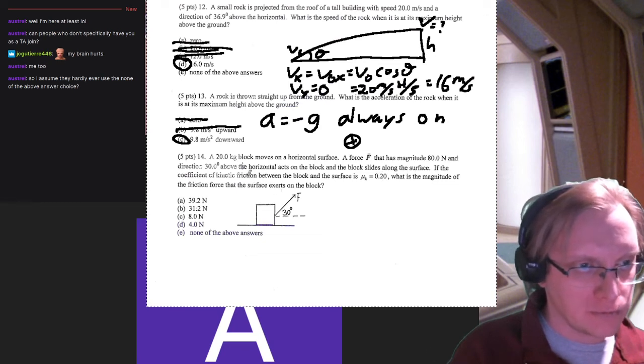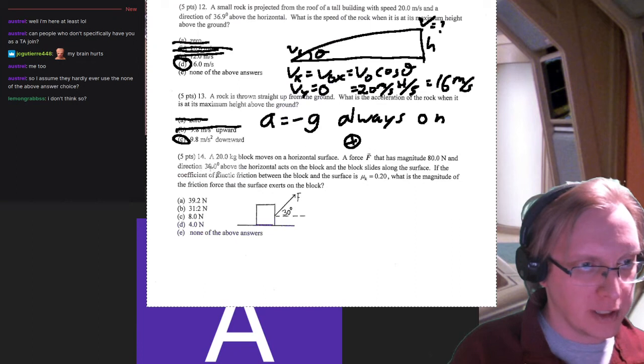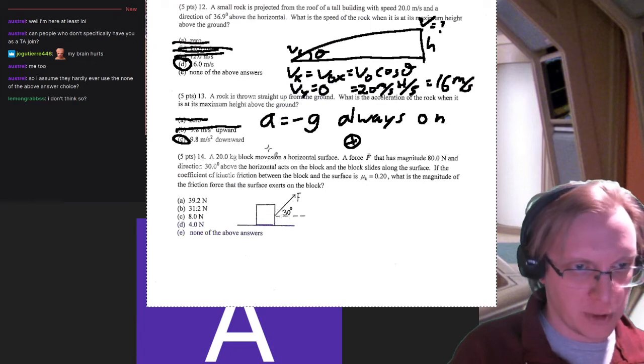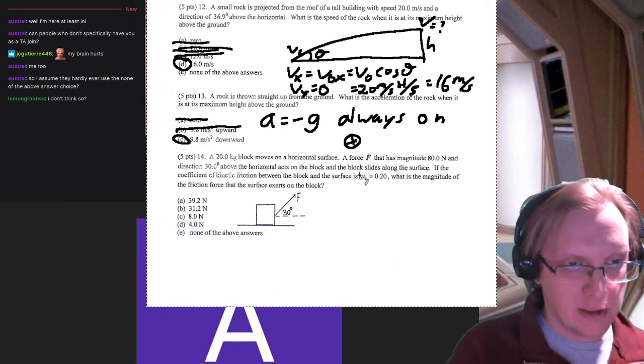Let's see here. 20 kilogram block, 80 newtons. It's pulled there, 30 degrees. Coefficient, I am going to alter this question. I'm going to ask a different question that uses the same problem. So our answer is not going to be one of these here. We have no friction. This is equal to 0.